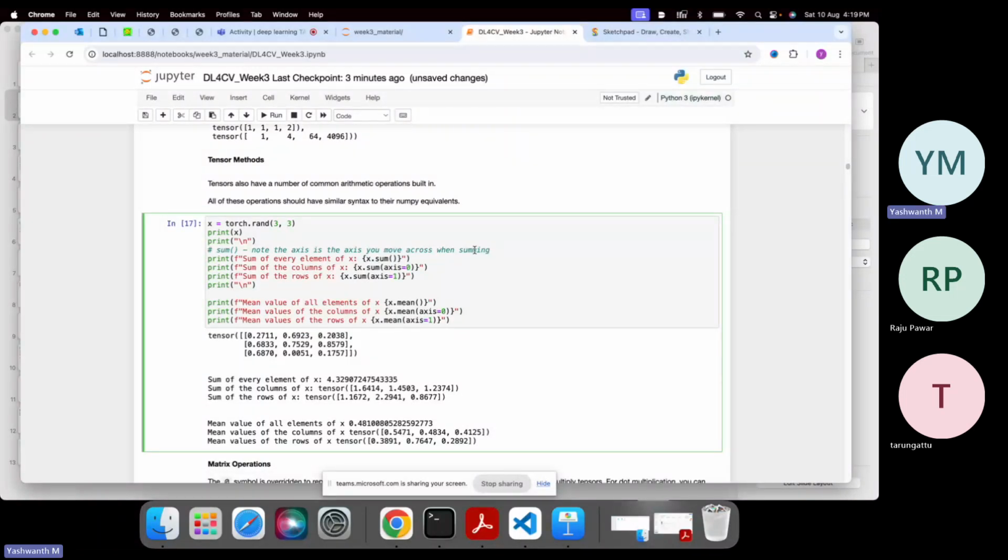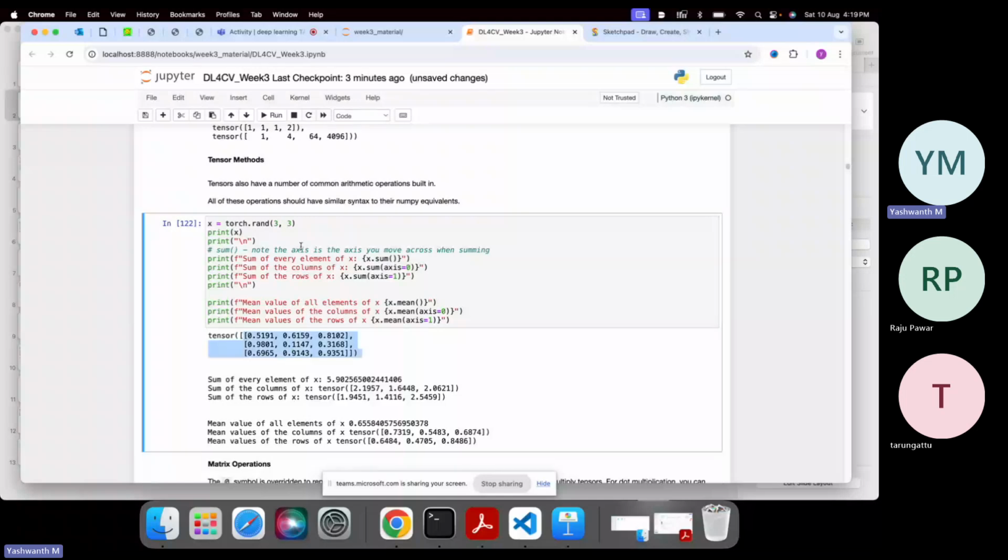So, what are the operations we can do on a tensor, right? So this is some uniform random distribution, where you pick up a 3 cross 3 matrix. Each entry is picked up from a uniform distribution. That's what I mean. And yeah, the first operation is printing that.